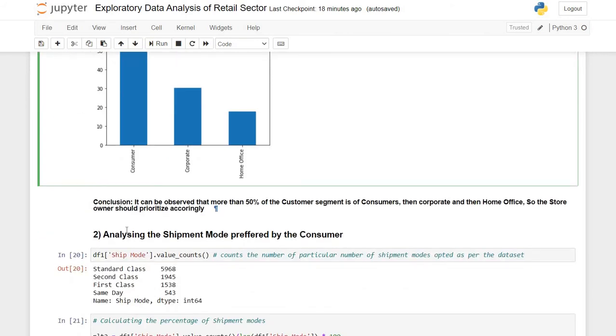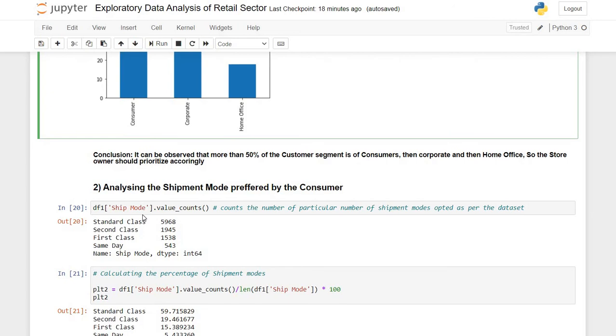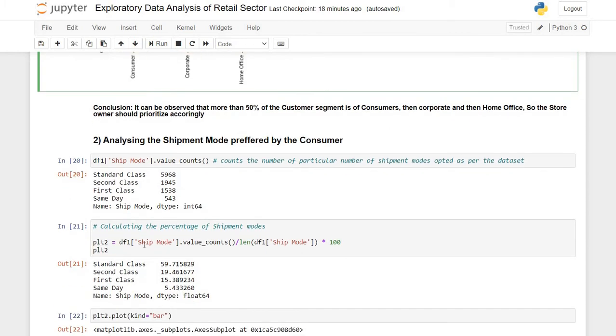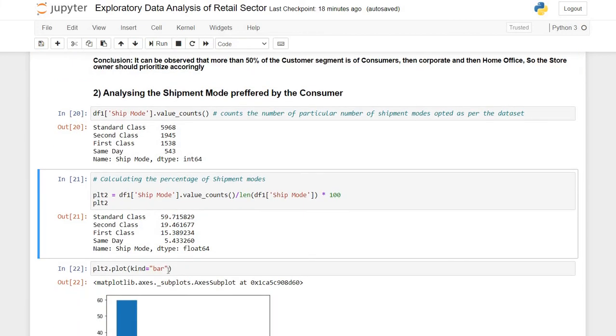Another question to address would be analyzing the shipment mode preferred by the consumer. First of all, we'll analyze the ship mode using value counts, wherein we'll get an idea of the values of standard class, first class, second class, and same day class. Like standard class contains 5968 values, second class contains 1945 values, etc. We'll be carrying out the percentage of shipment modes, and we'll obtain that 59.71% of the shipment is of standard class.